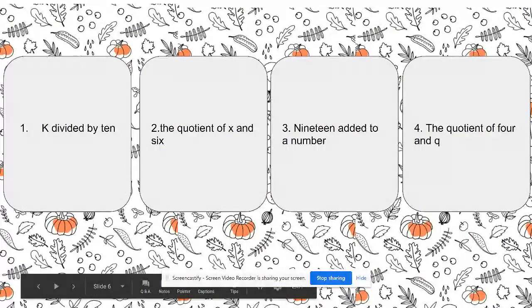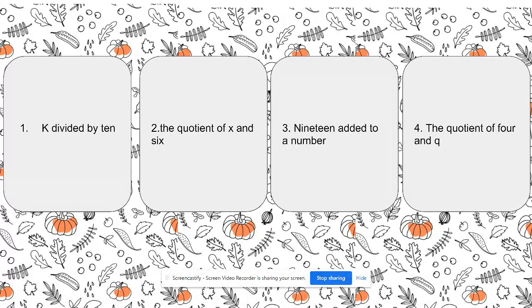Alright, so to practice, we have K divided by 10. How would I write that? K, oops, let me throw my marker on. K divided by 10. Because divided by. Multiplication is the only one where the number always comes first. Okay?